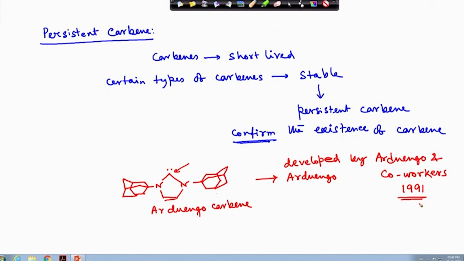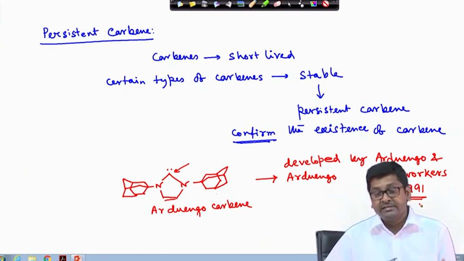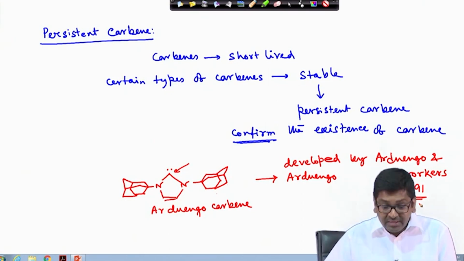Okay. In the next class, we will learn why this type of carbenes are stable, what kind of factors made this stable, and with that we will learn a few more persistent carbenes. Okay? Thank you.